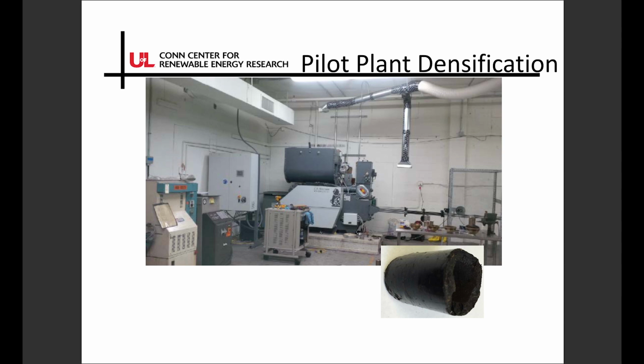And we're working with bagasse, hemp and kenaf, all those stalks. The objective is to make them into a densified biomass, a densified drop-in solid fuel: pellets as well as briquettes, torrefied as well as non-torrefied.